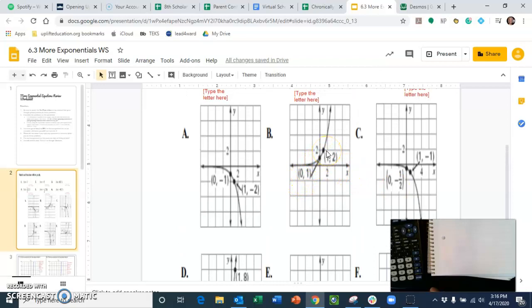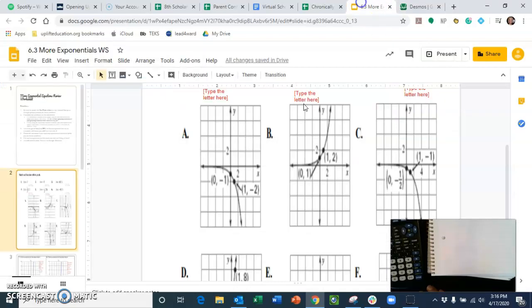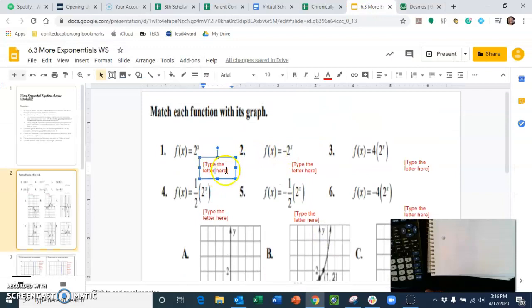According to this graph, there should be another point at 1, 2. I can double check that by clicking on this point, and it will say 1, 2. So that means that these 2 points, just like letter B, that's the correct answer. So what you guys will do is delete this and type B.